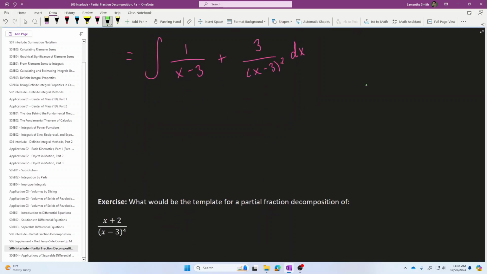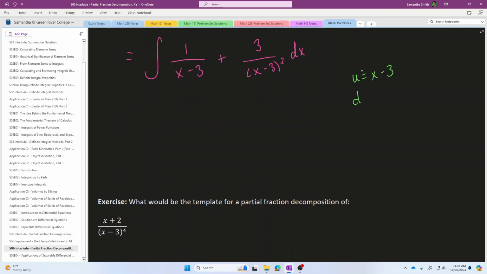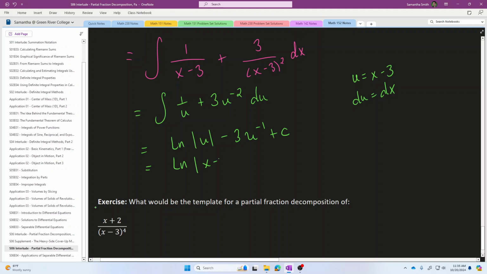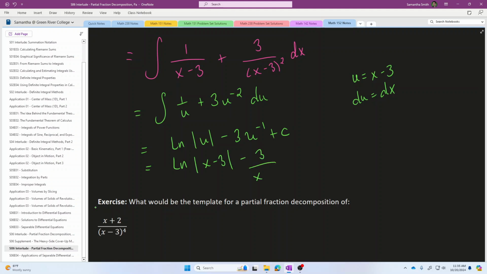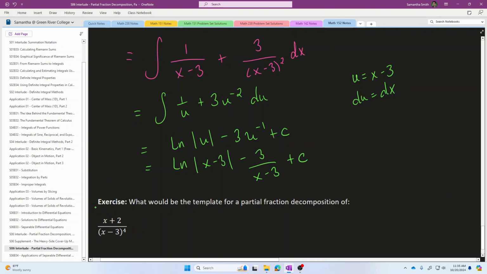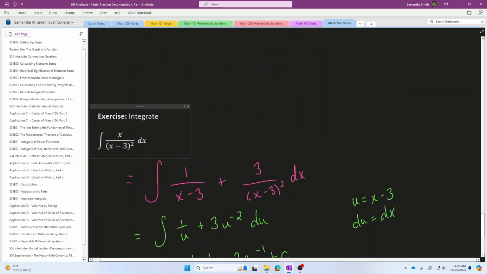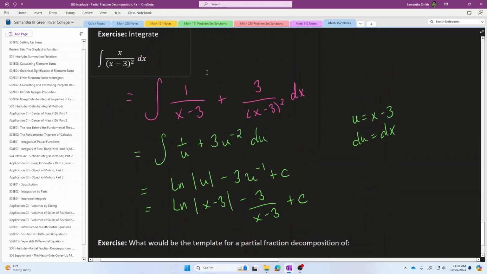If I use the substitution that u is equal to x minus 3, so that du and dx are exactly the same, this becomes the integral of 1 over u plus 3 times u to the minus 2 du, whose integral is natural log of u minus 3 u to the power minus 1. And so putting back the original u into this expression, I get this for the indefinite integral of this fraction, x over x minus 3 quantity squared.